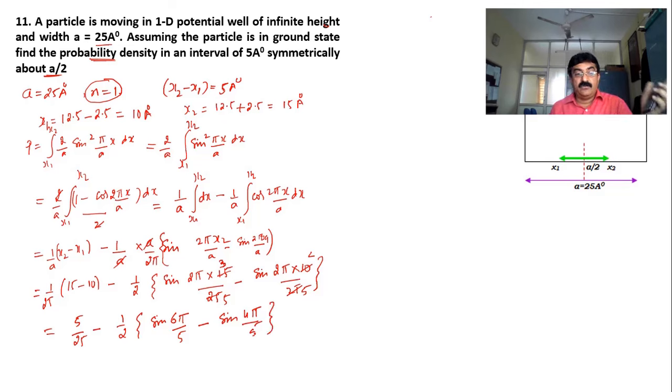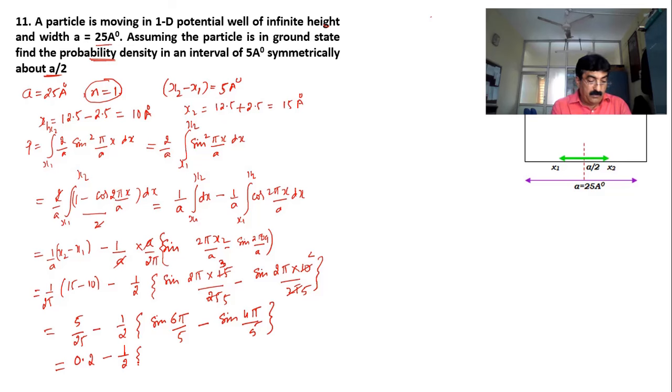Again you take the calculator. Well, this is equal to 5 by 25, which means 1 by 5, that is 0.2, minus 1 by 2 into, well, take the calculator, check whether it is in degree or radian mode. Now I will do it in radian mode. You must know how to go to radian mode.